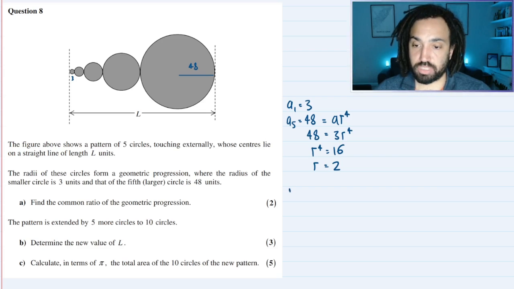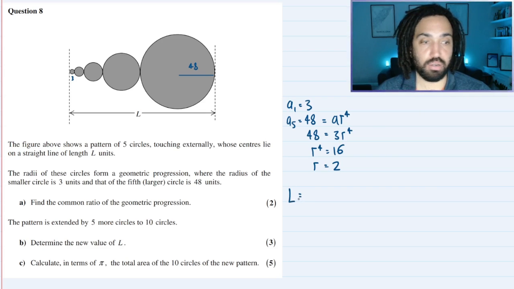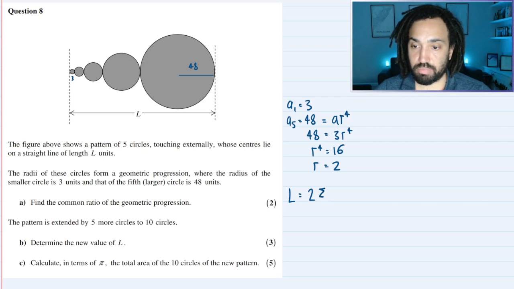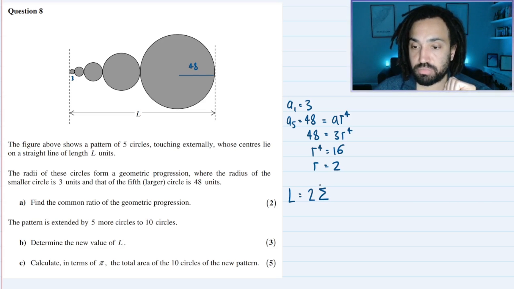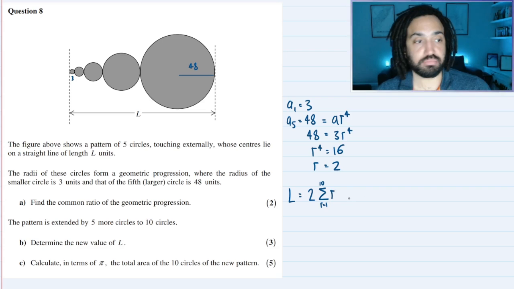Okay, so what is L? Well, L is all of the diameters. So it's 2 times the radius. And all of the radii form a geometric summation which sums up to the 10th term, starting at the first term, of the radii, basically.